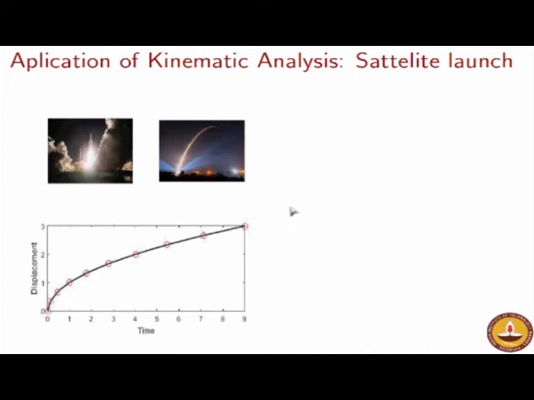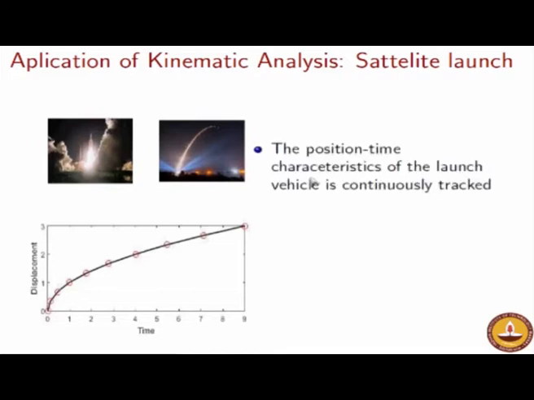As I just said, it's not child's play dealing with the kinematics of a particle. Here you see that the position-time characteristics of a launch vehicle are continuously tracked. As I said, kinematics is about a description of the motion characteristics of the body of your interest. Let us say we are interested in the launch vehicle, like ISRO scientists are. They are interested in determining the position-time characteristics of a launch vehicle.